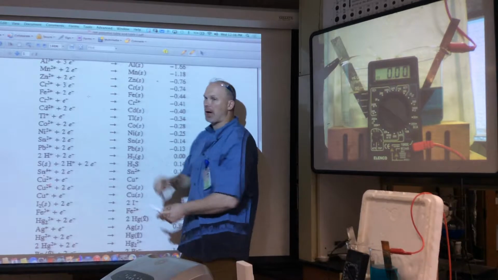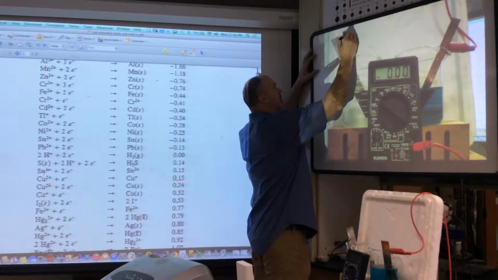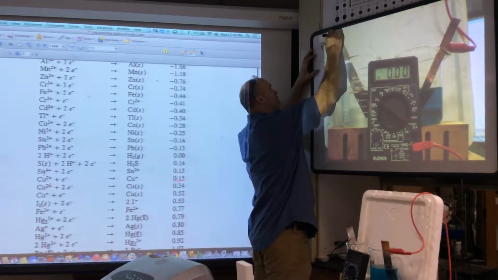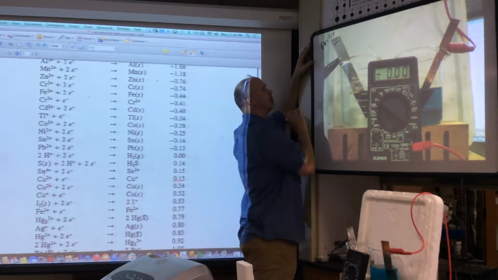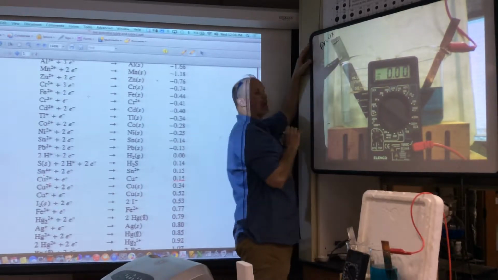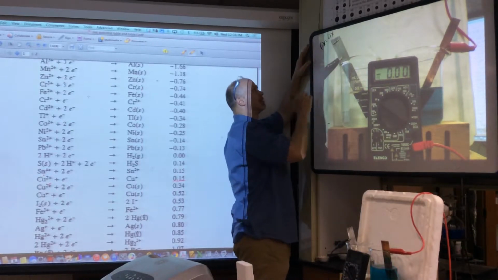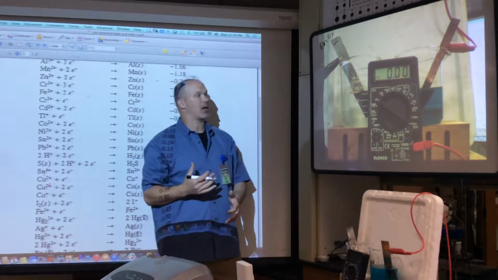So zinc is better at oxidizing, which we remember something. This must be the what? Remember, an ox. So the one who oxidizes, which is my zinc, is the anode or the cathode? An ox. Yeah, the one that oxidizes. The one that's better at oxidizing is the one who has to oxidize.